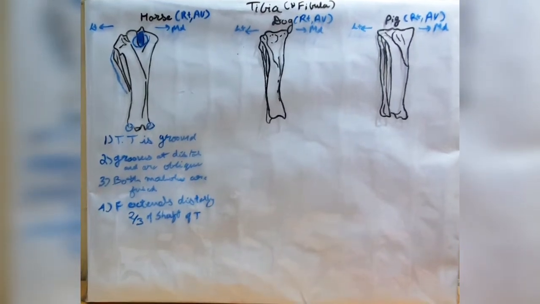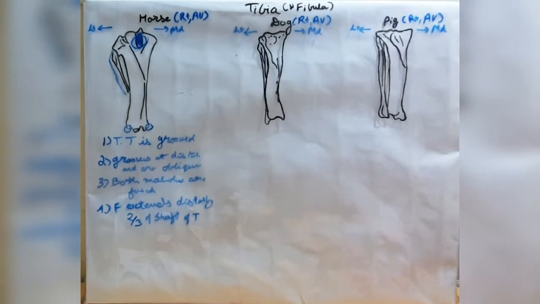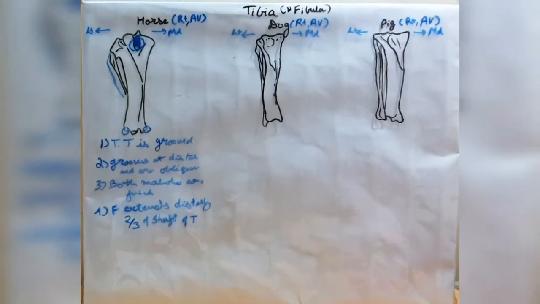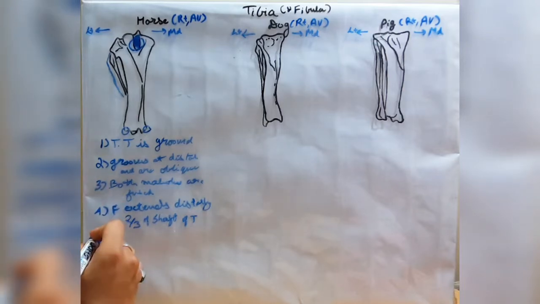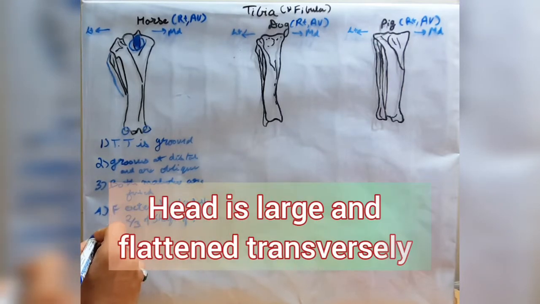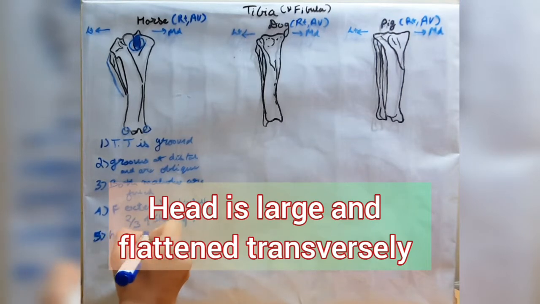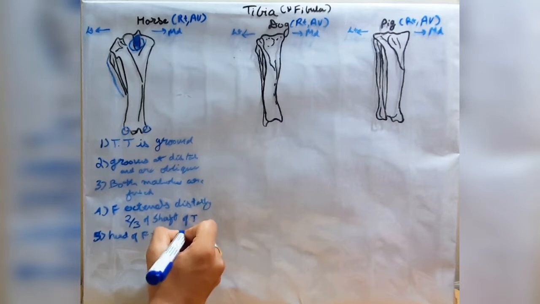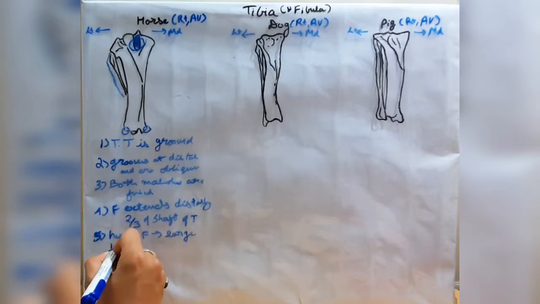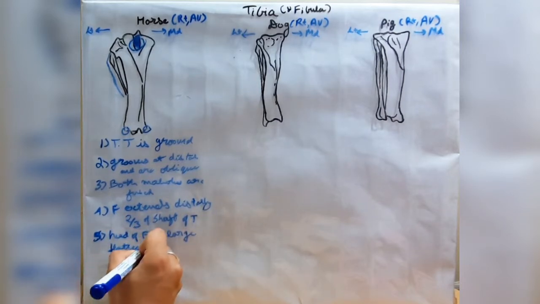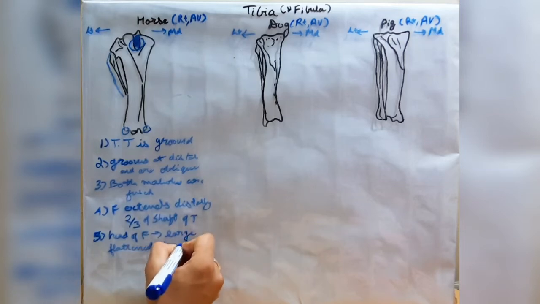Now the second point about the fibula of horse is that the head is very large and it is flattened transversely. Okay, so this is the fifth point. Head of fibula is large and flattened transversely.